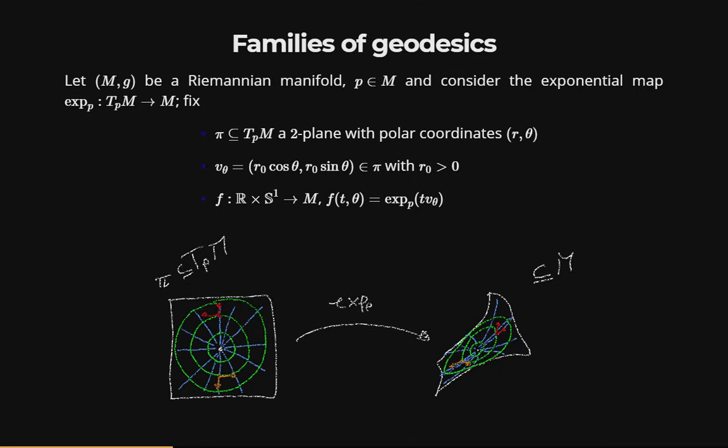We are inside the tangent space, which is n-dimensional. We have our two-dimensional plane. We fix polar coordinates, so we have the r variable varying along the blue lines and the theta variable varying along the green lines, and we use the usual parameterization of these.